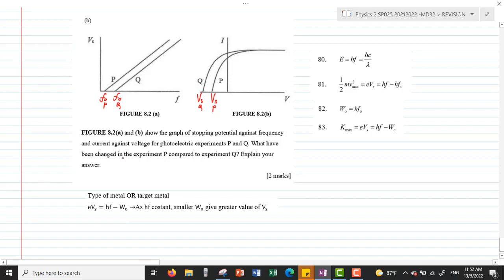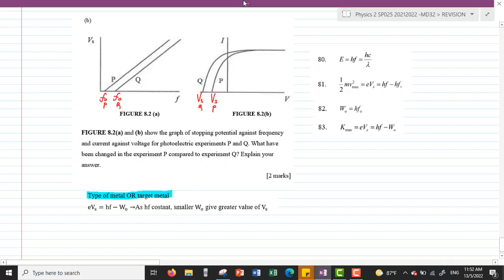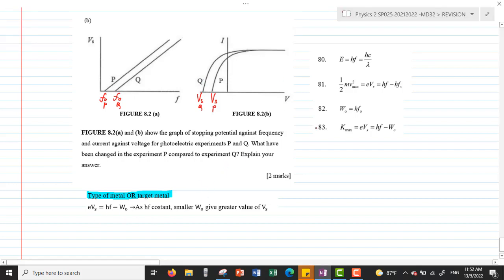So what has been changed in experiment P compared to experiment Q? The type of matter, or the target matter, has been changed in experiment P compared to experiment Q. Why? Because if we refer to equation 83, eVs is hf minus W naught, whereby if you refer to equation 82, W naught is equal to hf naught.